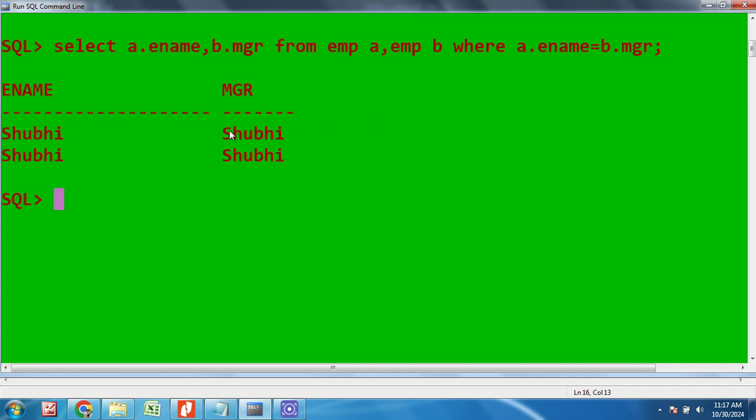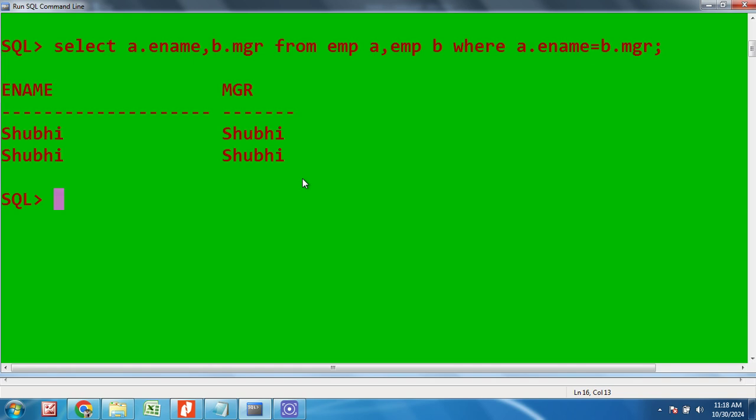So here we can see the name Shubhi, where ename and mgr are the same values. So here we can see in the EMP table the name is matching, and from the DEPT table the name is matching. So this is an example of self join. Everybody must observe that it is giving me two outputs.